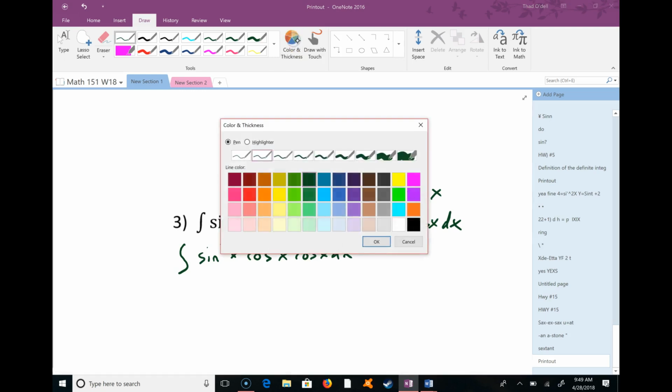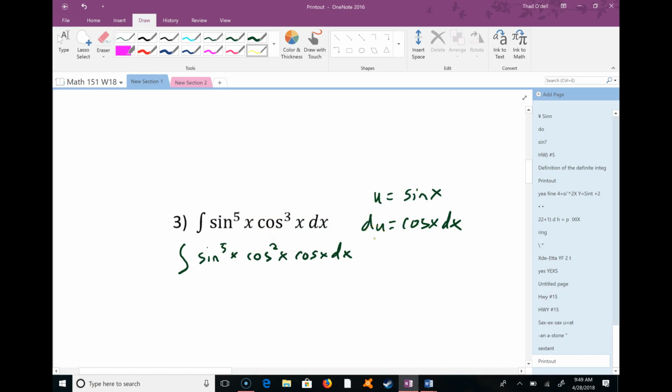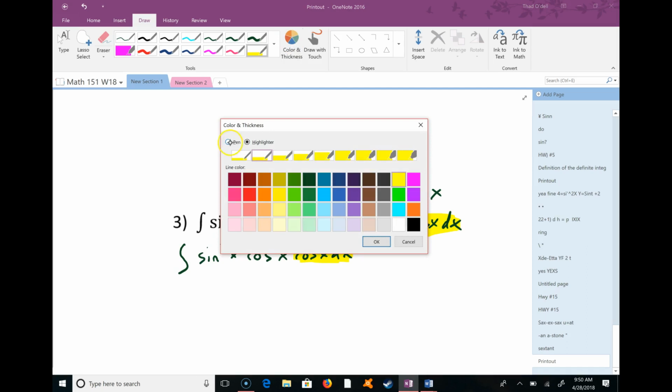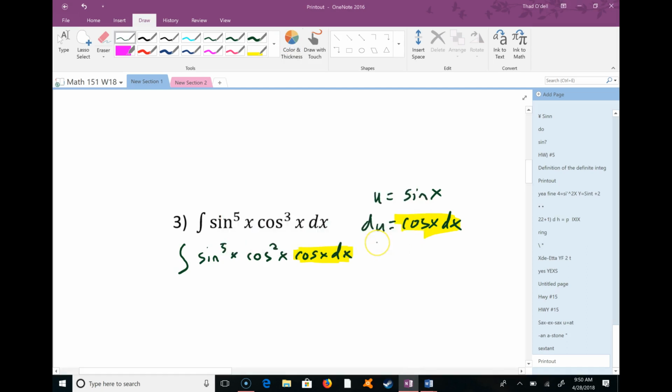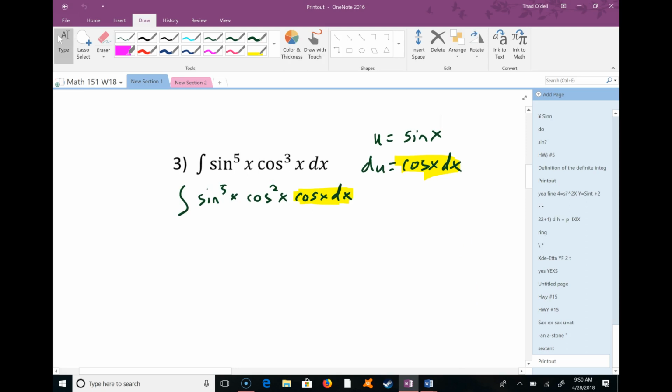And so then if we bring out the fancy highlighting again, you can see that right there is my du, and that means all this other stuff needs to be turned into u's. So we can easily turn the sine into u's, but we can't turn the cosine into u's, so we're going to use the Pythagorean identity that says cosine squared is equal to 1 minus sine squared.